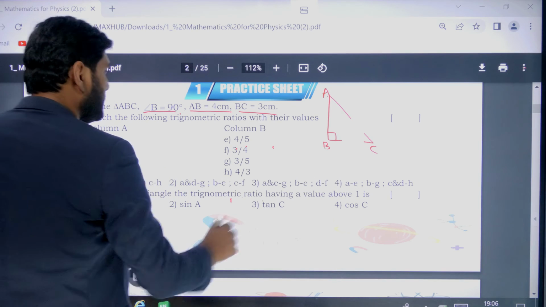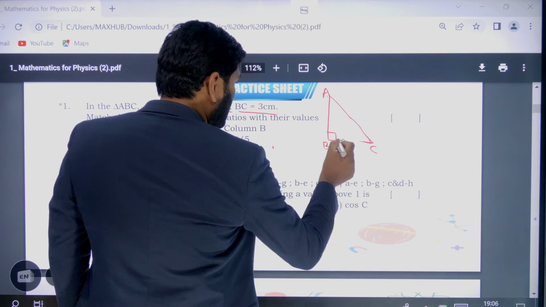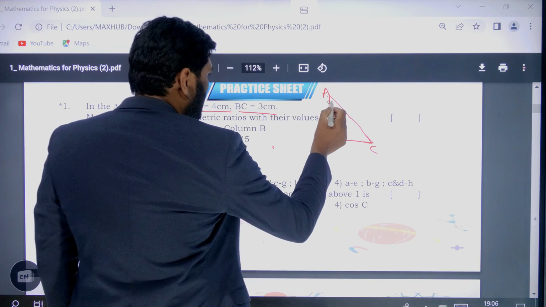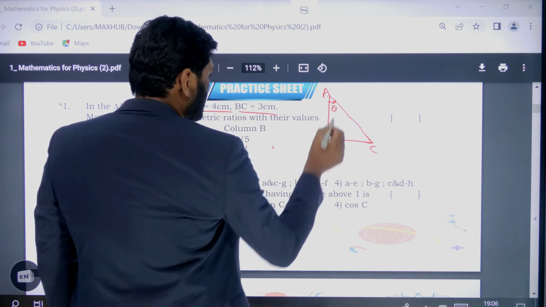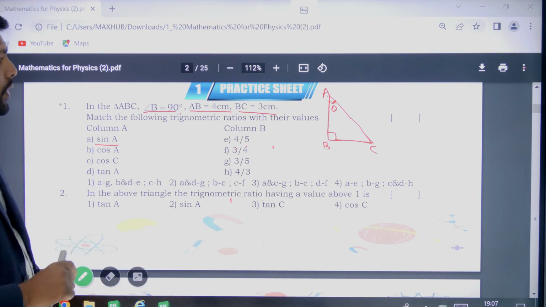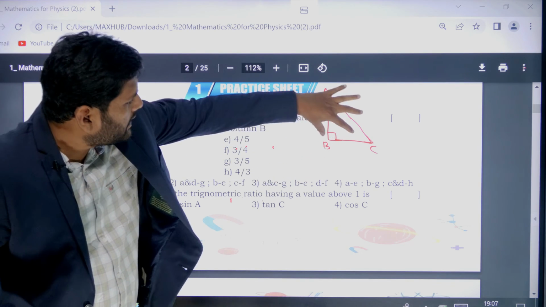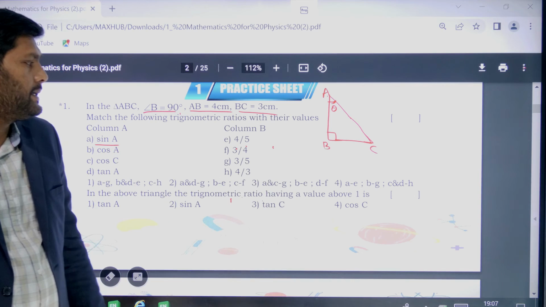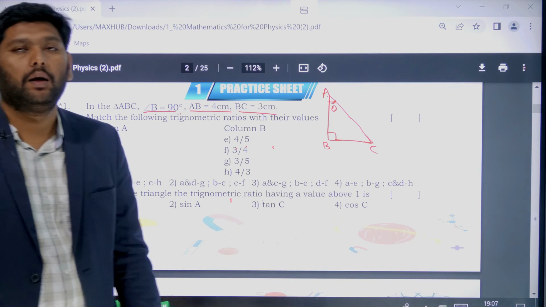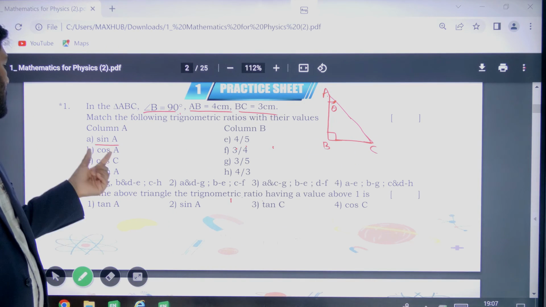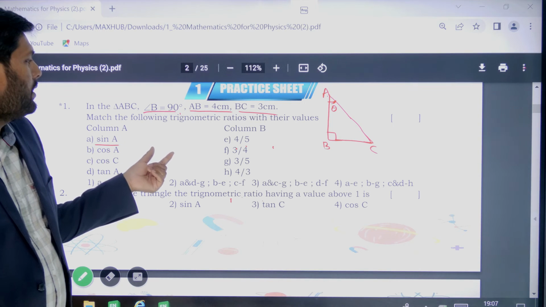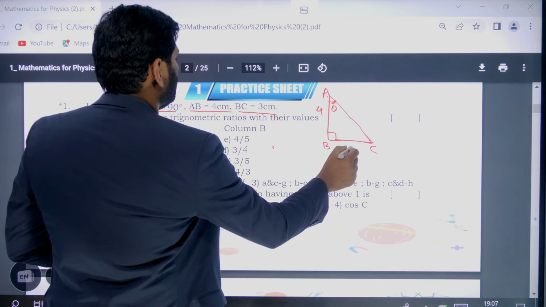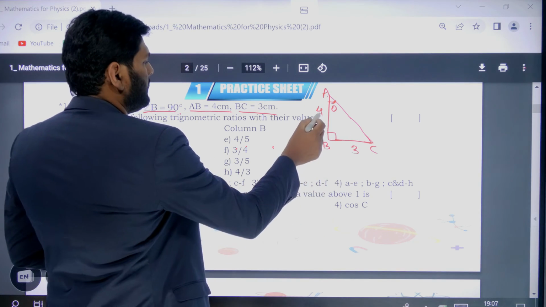So this is a triangle here. Here they are asking sin A. Sin A means this angle they are asking. They have considered that as angle theta. When you consider this angle theta, this becomes opposite, this becomes adjacent, and AC becomes the hypotenuse. This side is already 4 and this side is already 3.